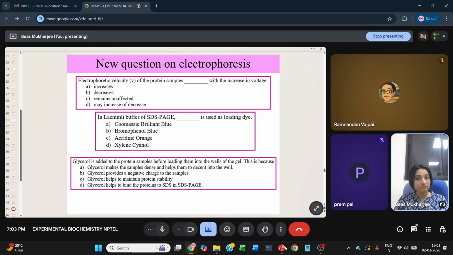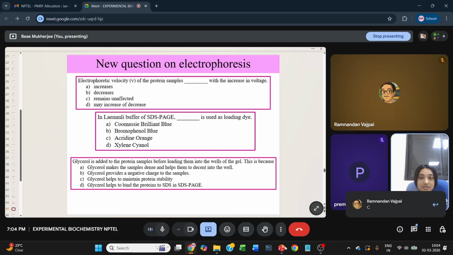Now we have a few more questions. So electrophoretic velocity or V of the protein samples dash with increase in voltage: increases, decreases, remains unaffected, may increase or decrease. Then in Laemmli buffer of the SDS PAGE, dash is used as loading dye.